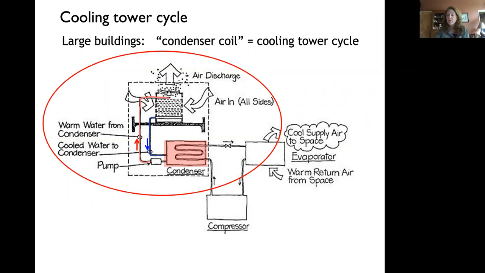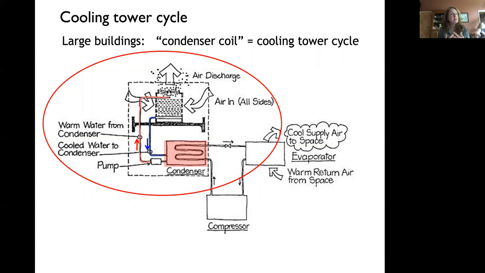So what we're going to do is replace the air side, just air blowing over these hot and cold coils. The refrigerant loop is going to be exactly the same. And now, on the condenser or the evaporator side, we're going to add an extra water loop.